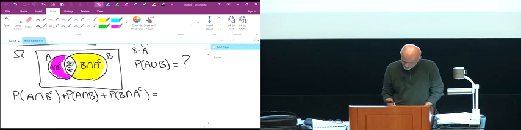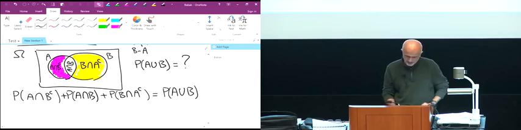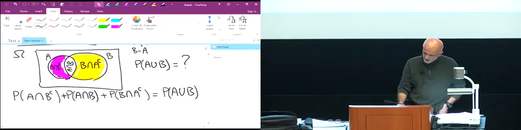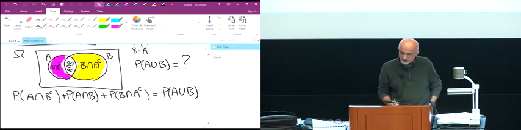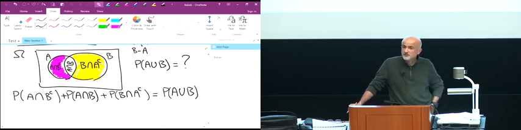When I add these up, what do I get? This is the probability of A union B. Because if I add the purple or pink, depending on your eyesight, and the white and the yellow, I get the probability of A union B.